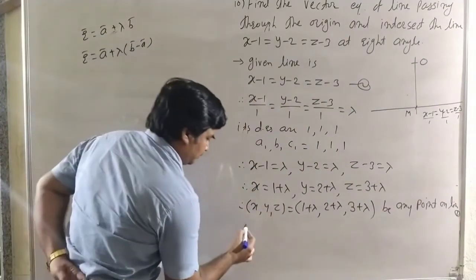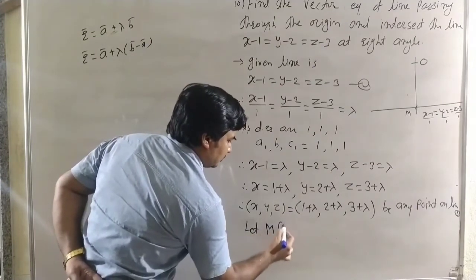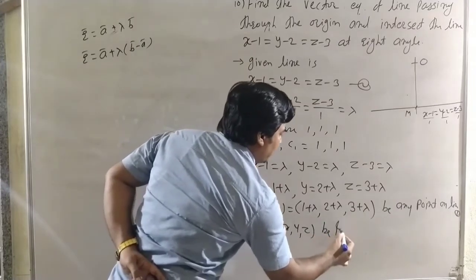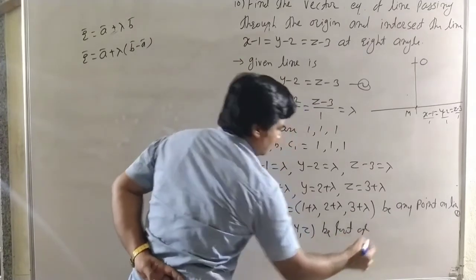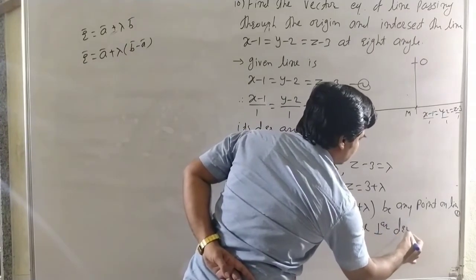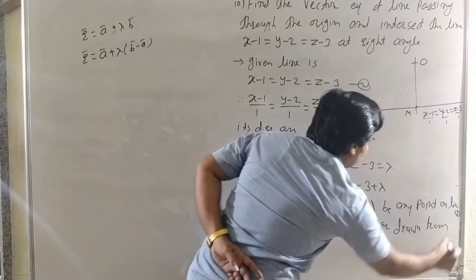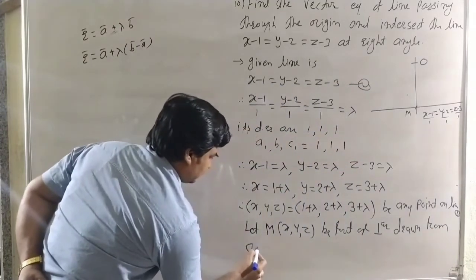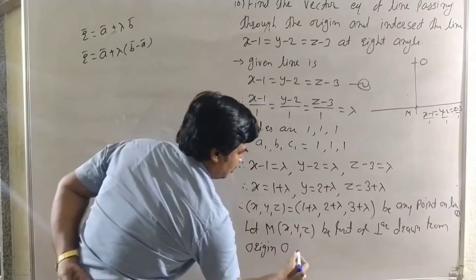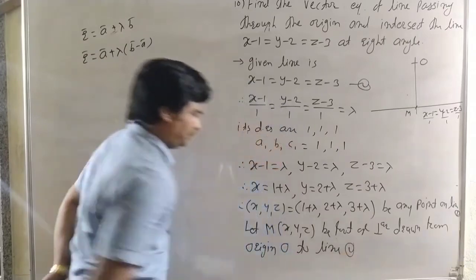Now let M (x, y, z) be the foot of perpendicular drawn from origin O to line 1.